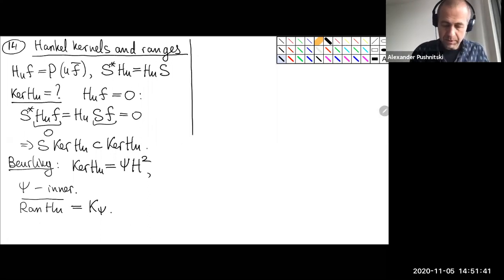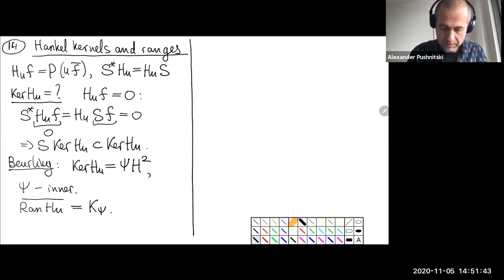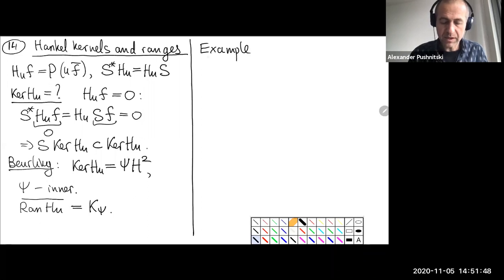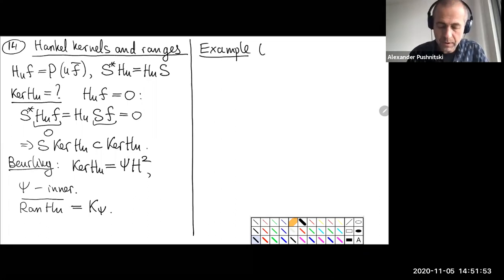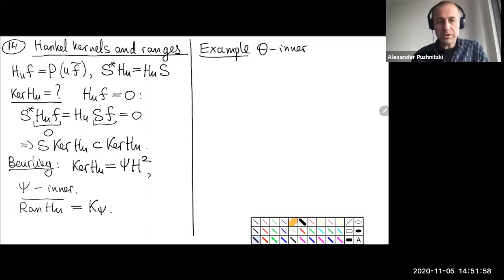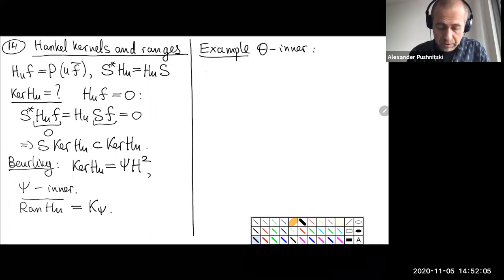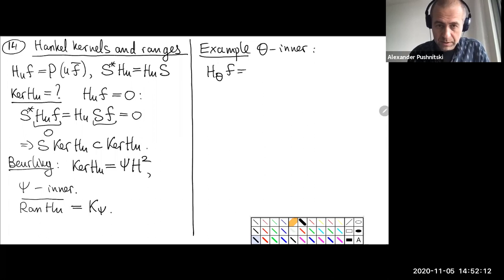Let's consider one example, like we did in the Toeplitz case. Let's consider a Hankel operator whose symbol is an inner function. So these are the simplest possible Hankel operators, as you will see in a minute. So what is the action of this Hankel operator, H theta? This is P theta F bar.